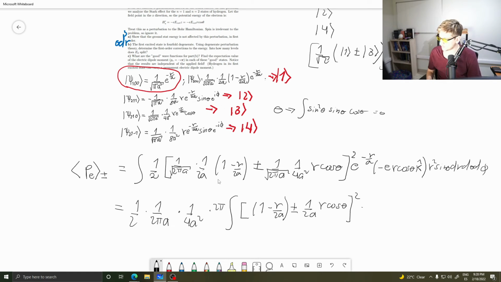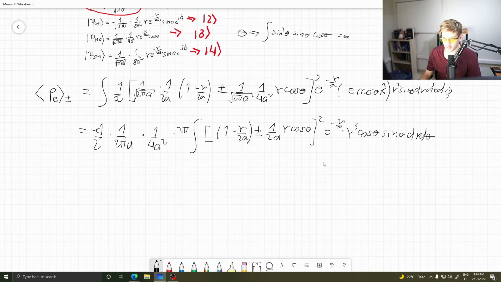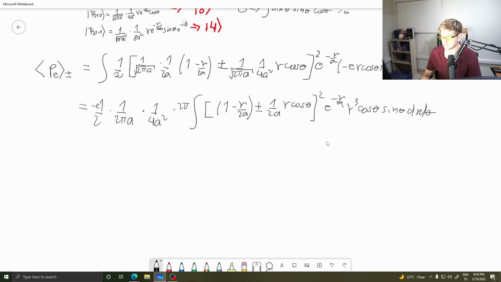And squared, e to the minus r over a. And we have this minus e here, so maybe let's write it down there, minus e. And then we have r cubed cosine of theta sine theta dr d theta. Okay, how can we now move forward with this?